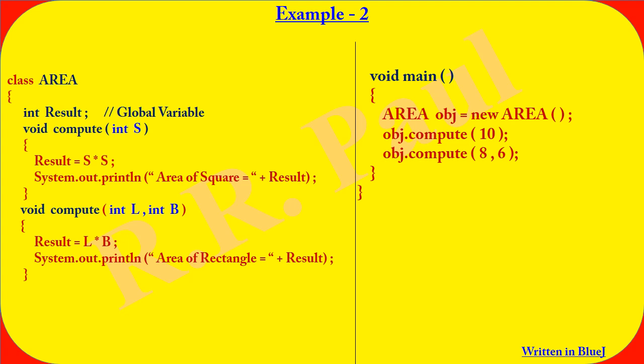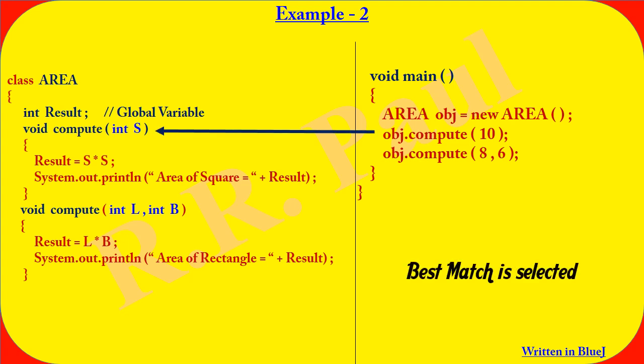Then we have a main function in which we are creating an object of the area class, and through that object we are calling each of these two functions one by one. Now when the compute function with 10 as its parameter is called, then automatically compute with int s as its parameter gets activated.